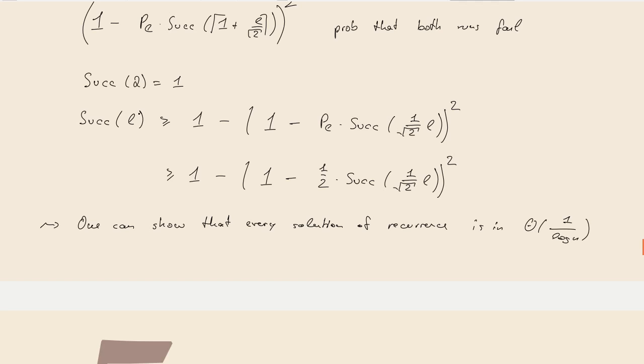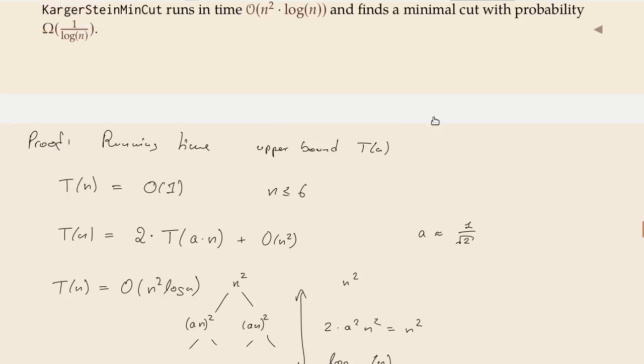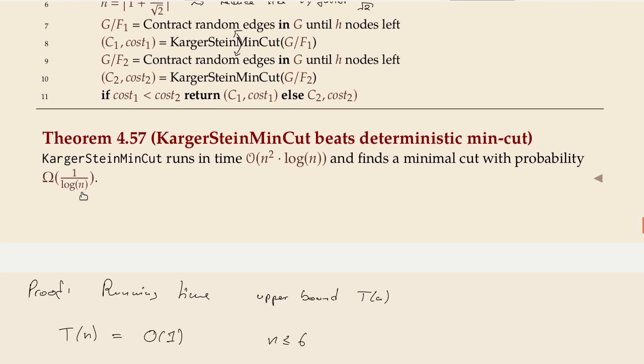And so the success probability is at least 1 over log n, which, I was telling Bogus before I announced that, this is actually better than a constant. Probability is of course worse. It's a lower bound, but this is going to 0.